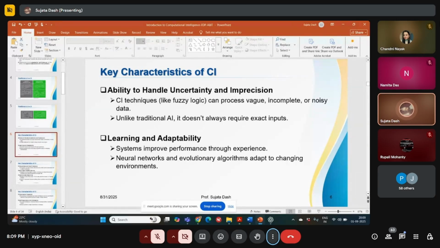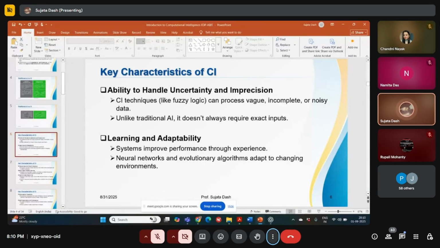So this type of uncertain and imprecise data can be handled by computational intelligence techniques. Traditional AI usually struggles here because it expects exact rules and clear inputs. The inputs must be clear. Computational intelligence, however, can deal with this uncertainty.